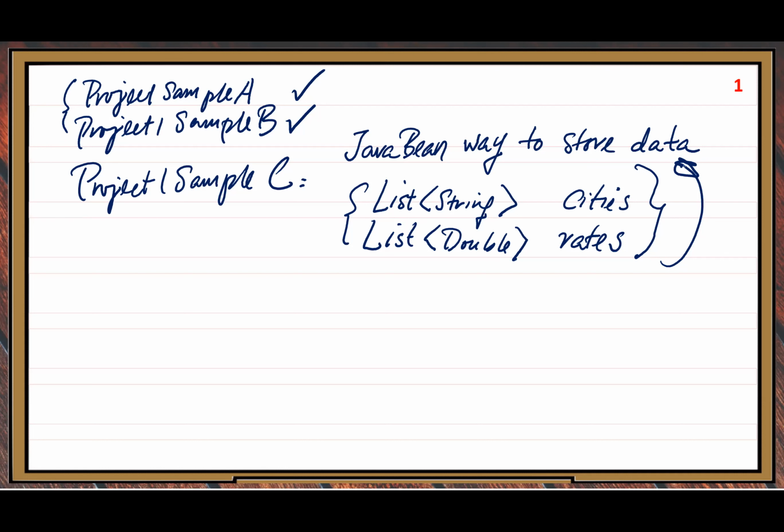So we can create a Java Bean with 2 properties, 1 for cities, 1 for tax rates, with setters, getters.